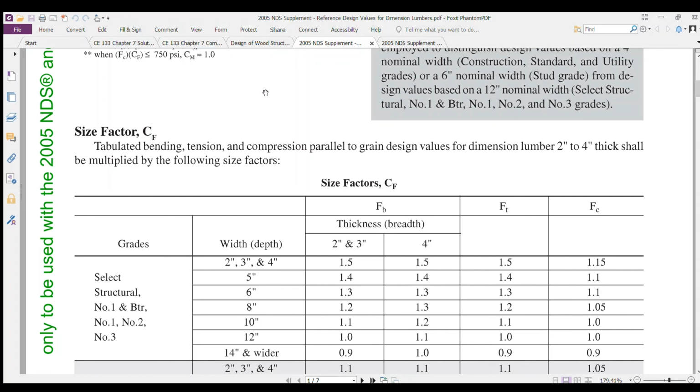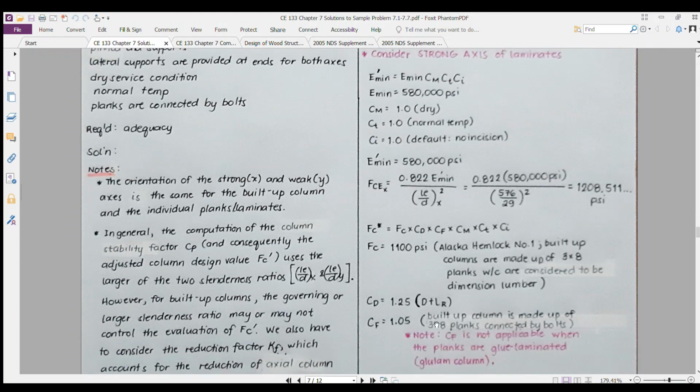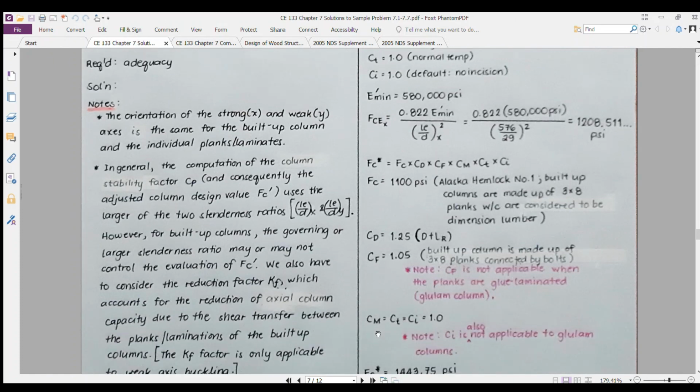Okay. Next is that value of C sub M is equal to C sub T is equal to C sub I, which is 1.0. Since C sub I is also not applicable to glulam columns.